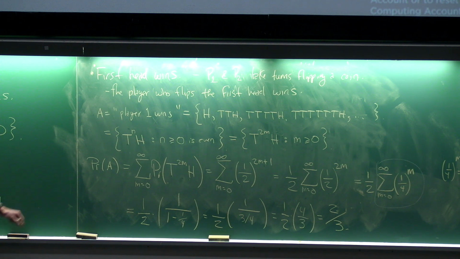So player one in the game of first head wins has probability 2/3 of winning the game. So you would really much rather be player one. Player one wins twice as often as player two.